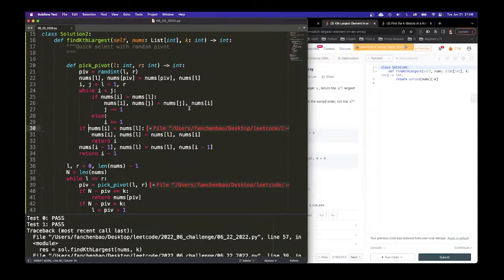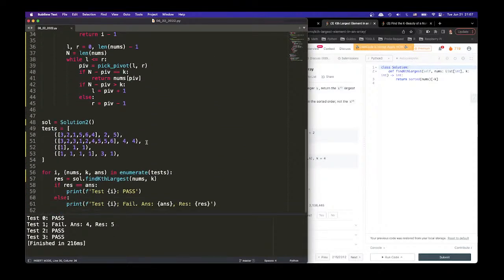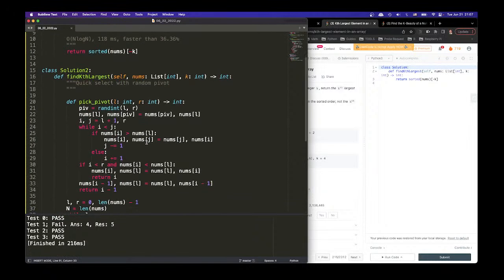So we say if I is smaller than R, then we return this. Otherwise, we do I minus 1. And then this one is not right. Smaller equal to.